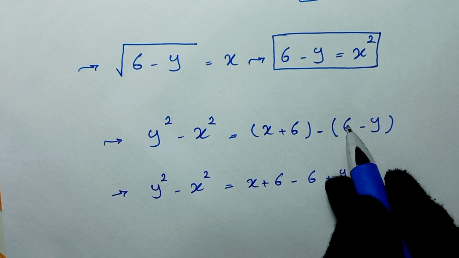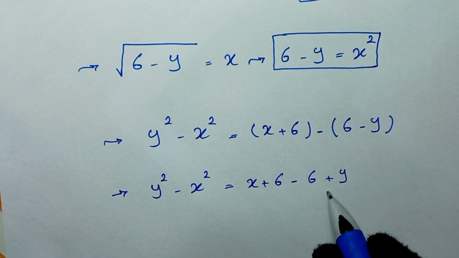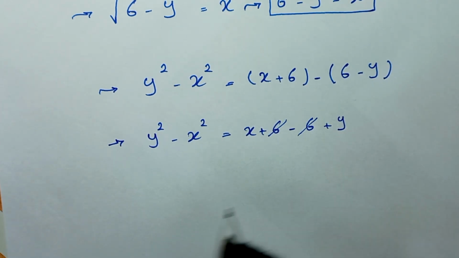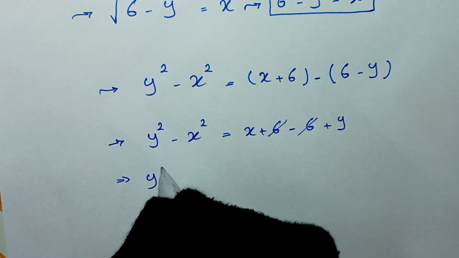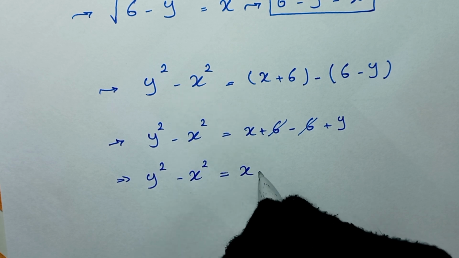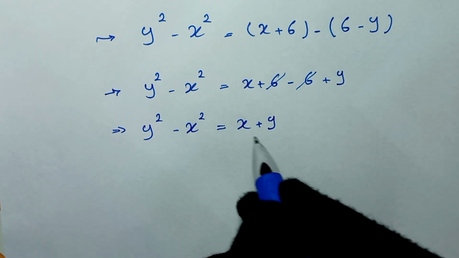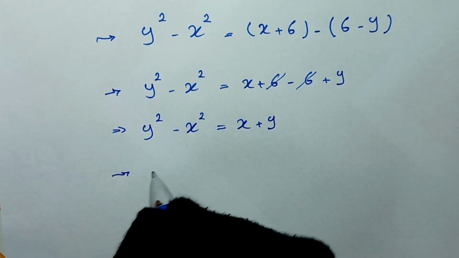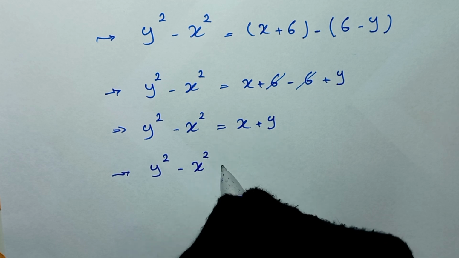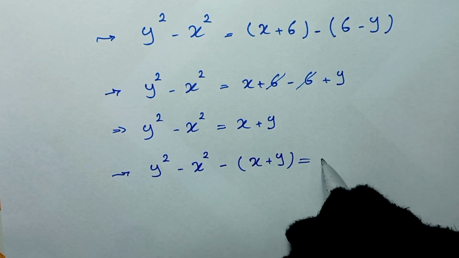Negative times 6 will be negative 6, and negative times negative will be positive y. This 6 will cancel, and it will be y squared minus x squared is equal to x plus y. And next step, we take this to this side, and it will be y squared minus x squared minus x plus y is equal to 0.